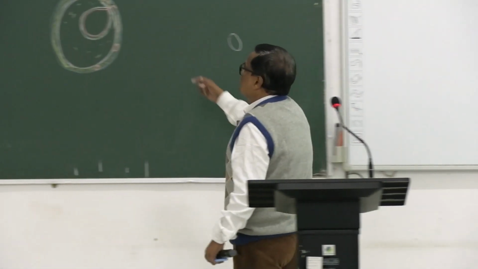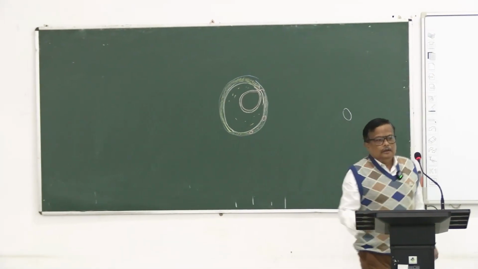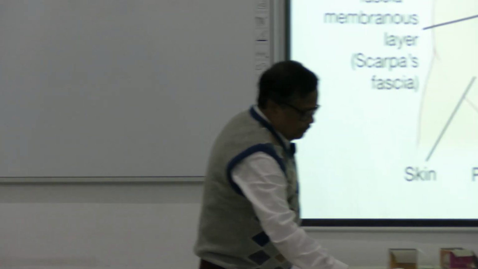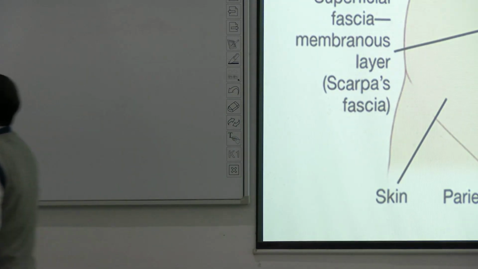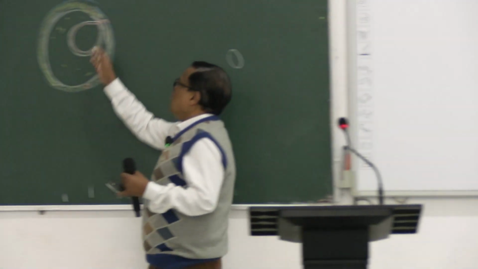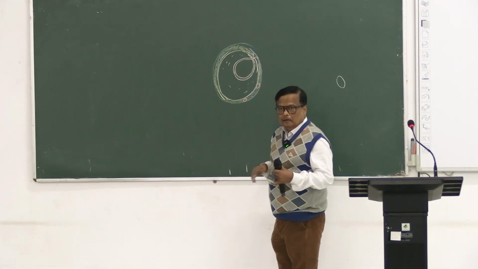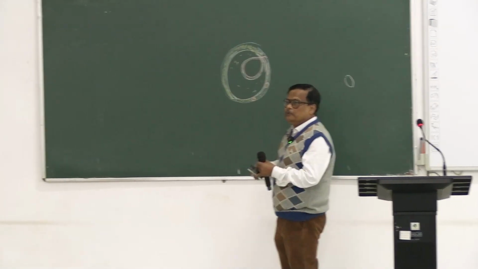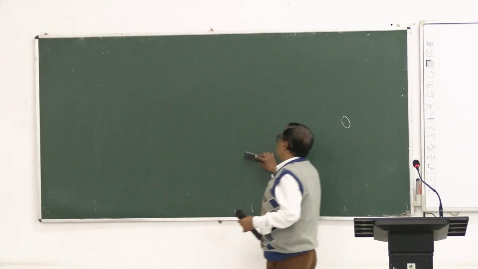These are the layers of the abdomen starting from the skin to the peritoneum. So, all the viscera are extraperitoneal only, but intra-abdominal. They are no doubt present within the abdominal cavity, but not present within the peritoneal cavity.